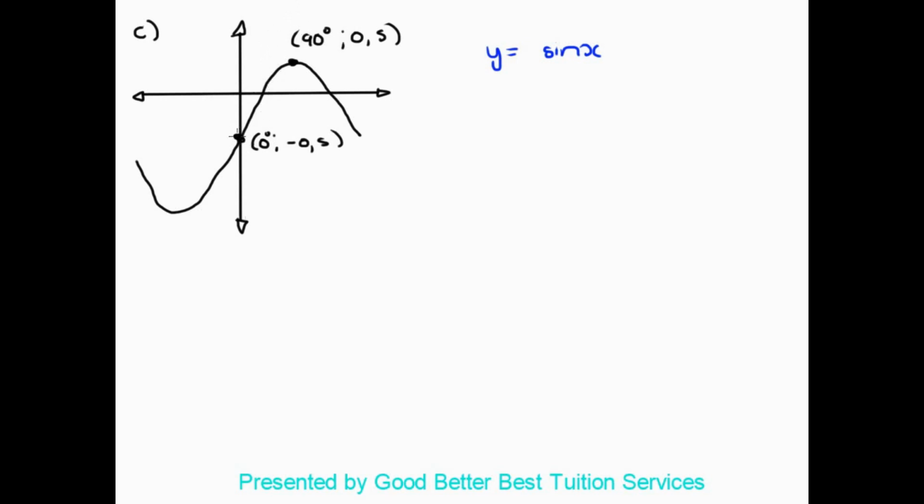But because we're not on the origin anymore, this still counts as the point that's in the middle of the graph. So we need to look at this point over here. We can see that from minus 0.5, which is this point, to positive 0.5, that is a difference of 1. And because it's a difference of 1, we know the amplitude is 1, which means there's been no amplitude change. So there's not going to be anything in front of sine x.